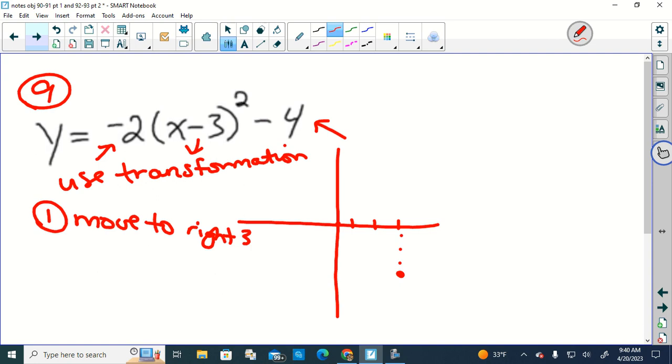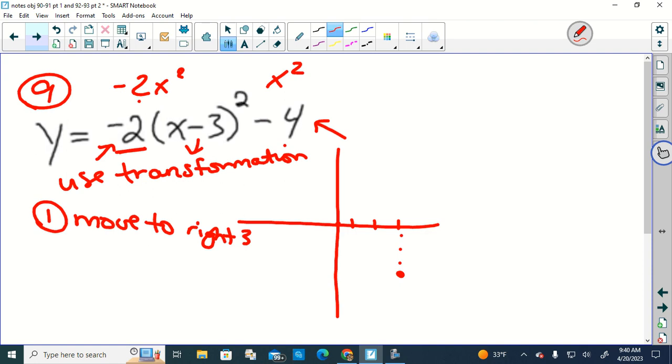Is my vertex going to be going upright or down? You should have said down. This is like having the negative 2x squared. Remember when it's by itself, the pattern was over 1, up 1, over 2, up 4.